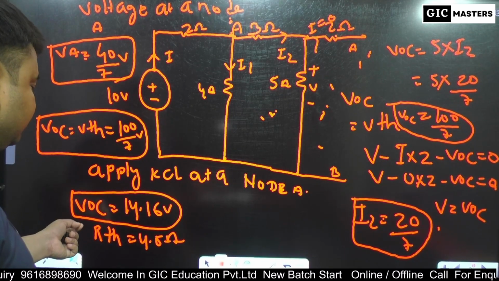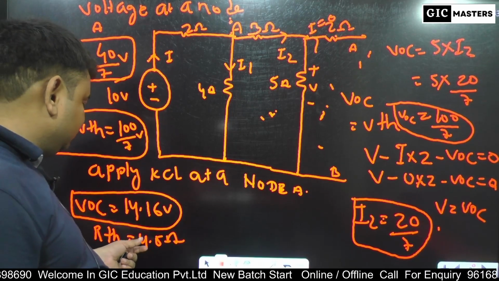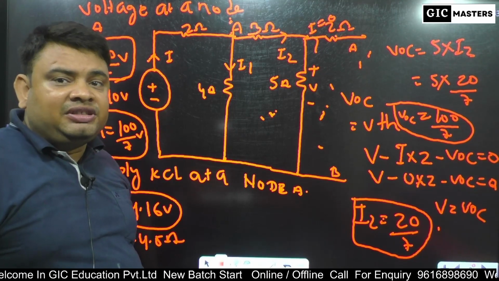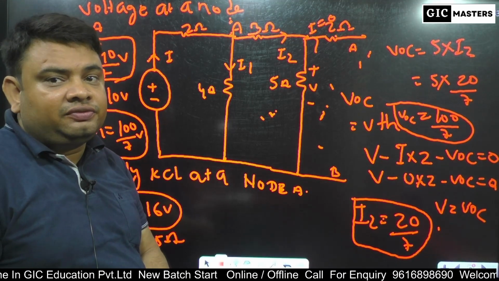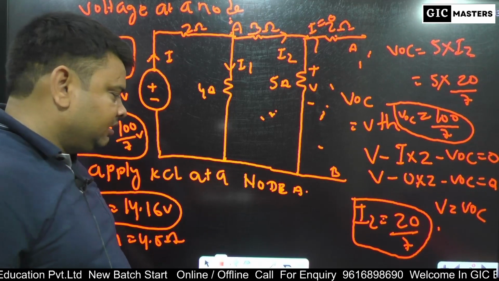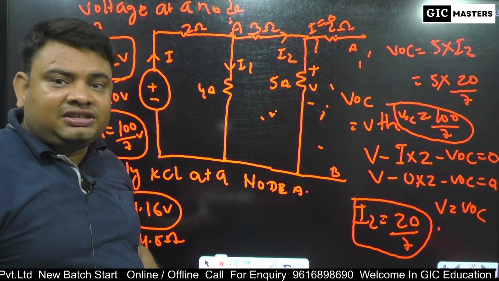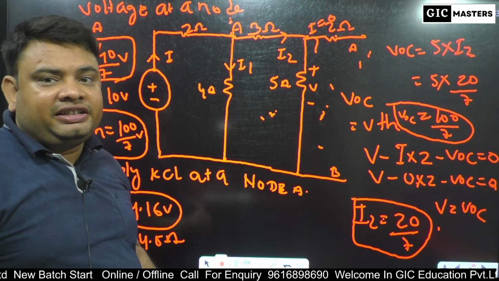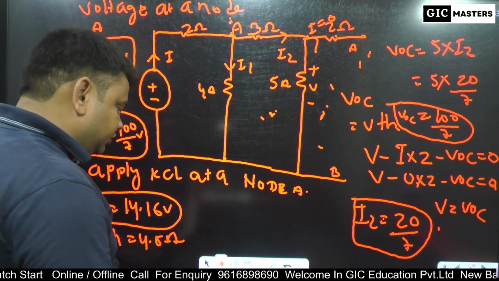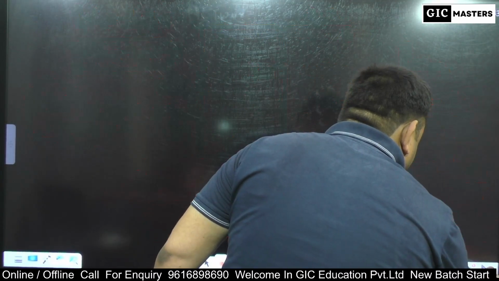Here VOC is equal to Thevenin's voltage and RTH equals Thevenin's resistance. After calculating Thevenin's voltage and Thevenin's resistance, we can easily draw Thevenin's equivalent circuit. In Thevenin's equivalent circuit, Thevenin's voltage and Thevenin's resistance are connected in series with the load resistance. So we draw a Thevenin's equivalent circuit.